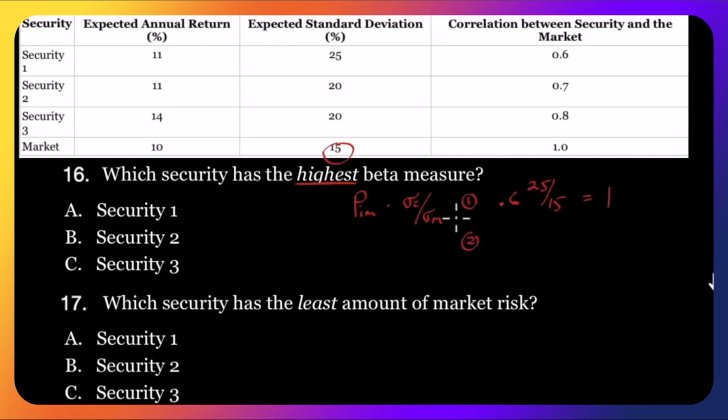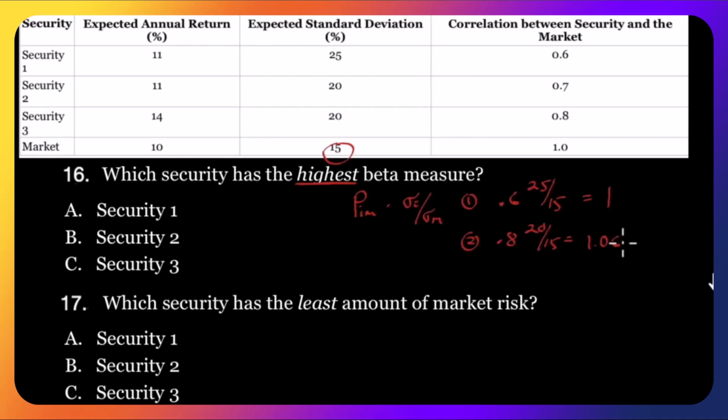Number 2, do we have to calculate 2? 2 and 3 have the same standard deviation, but they have different correlations. So we know we're multiplying out. Let's just take the one with the higher correlation. I know 3 is going to beat out 2 because it's got the same standard deviation, so the ratio will be the same under both conditions, but this has 0.8, so I'm just going to multiply the 0.8 by 20 over 15, and I'm going to get 1.06.